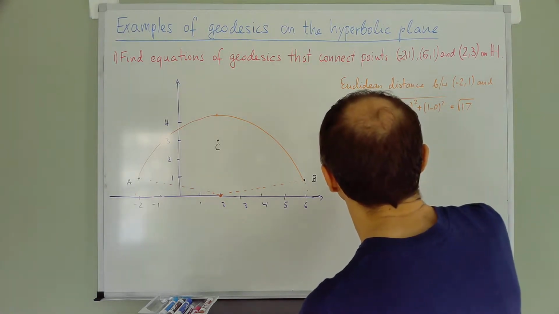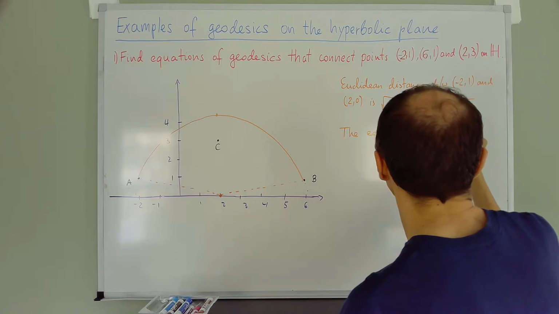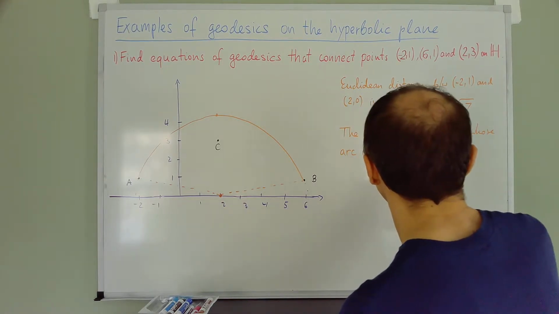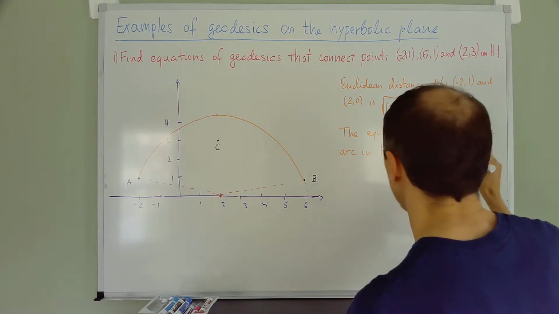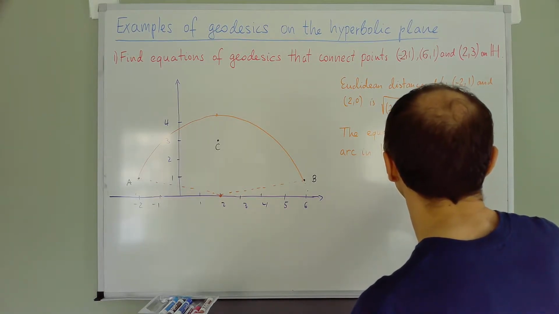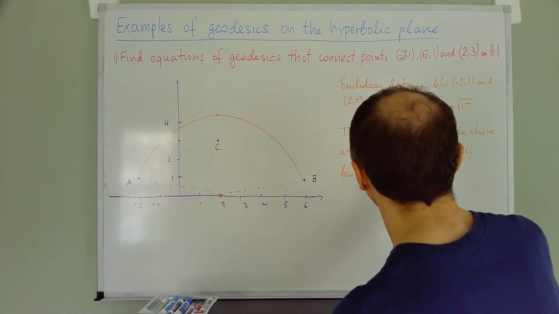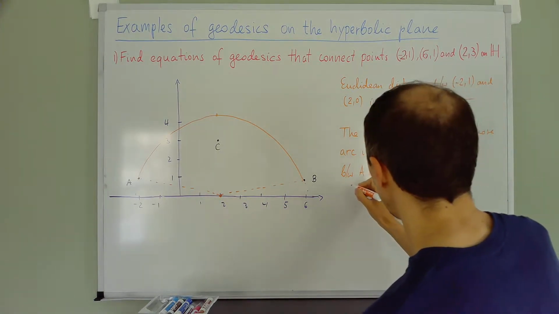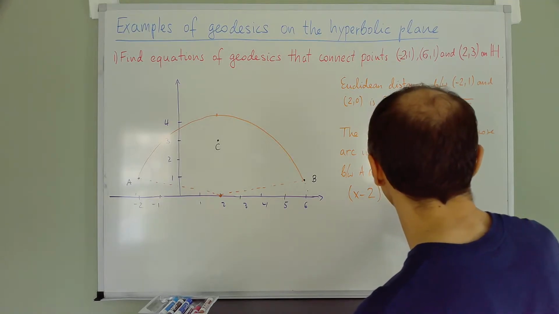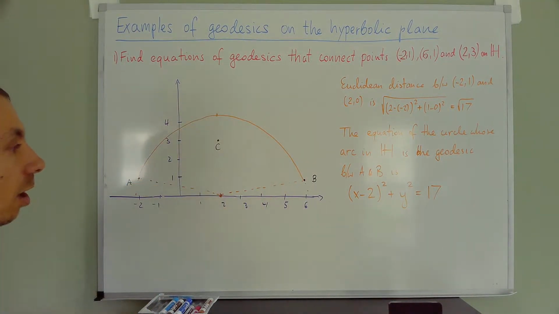So the equation of the circle whose arc in the upper half plane is the geodesic between A and B is: a circle centered at 2, 0, so x minus 2 squared plus y squared is equal to radical 17 squared, so the radius squared is 17. Okay, so that's the equation of that part.